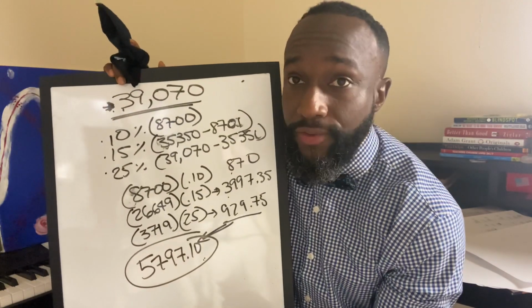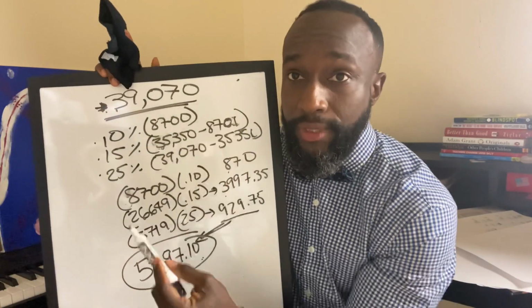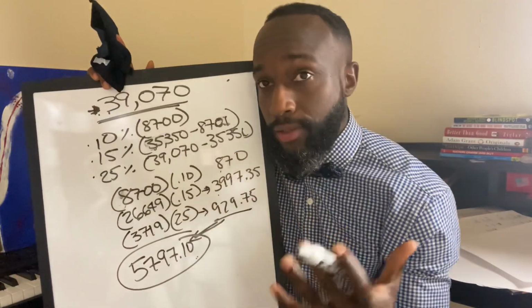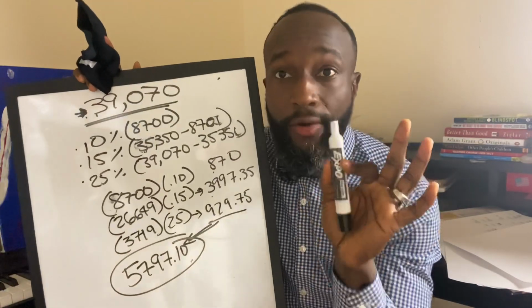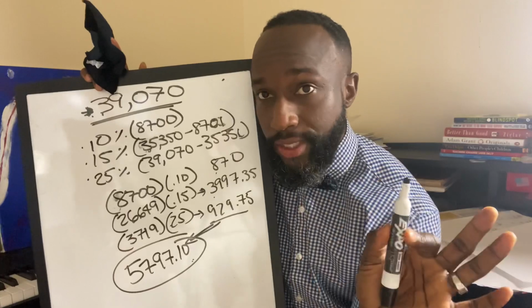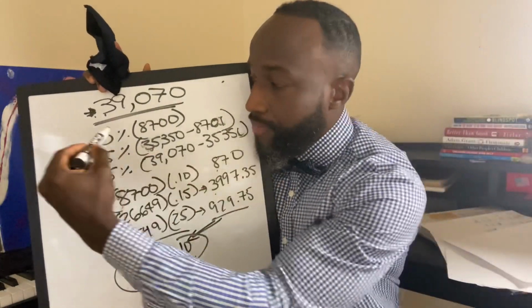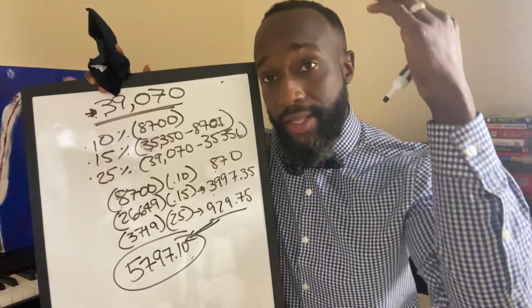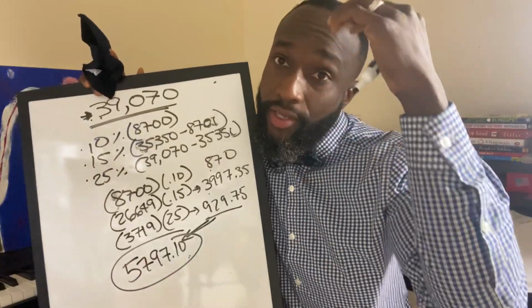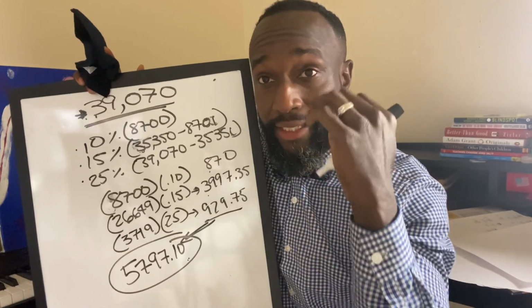First thing we got to do is figure out what our taxable income is, right? From our taxable income, we come to the marginal tax chart, right? And in the marginal tax chart, what you'll see is they have the percentage breakdown, whether you're married, whether you're single, whether you're married filing jointly or married filing separately.